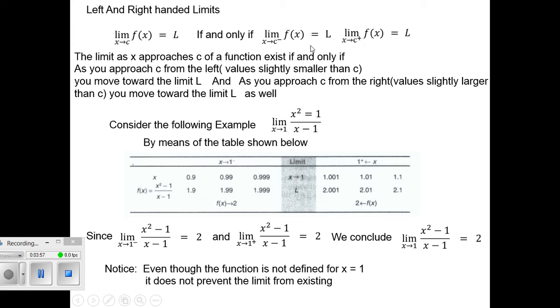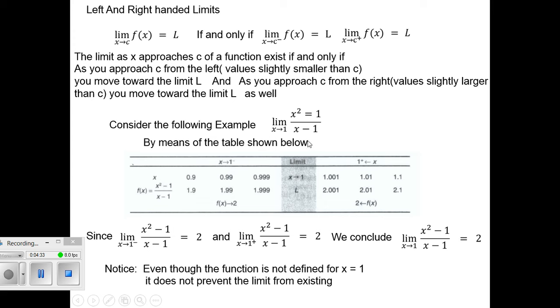If upon approach to that value of c from values slightly to the left, the left-hand limit, and values slightly to the right, the right-hand limit, we approach the same value, then that value is equal to L. In other words, this statement here about x approaching c cannot be made until both of these conditions are satisfied.